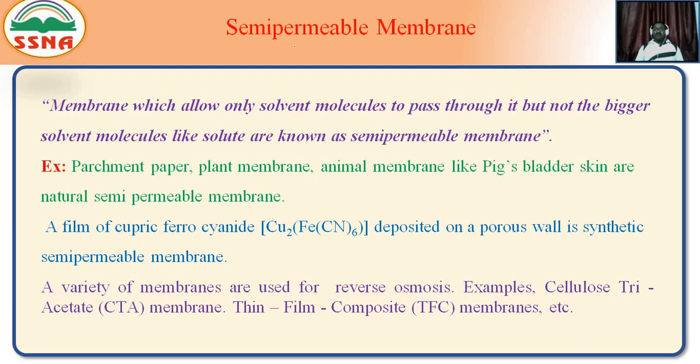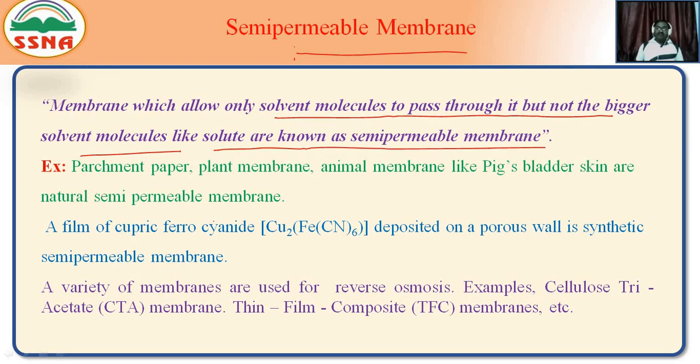Here, the word semi-permeable membrane is used in the osmosis process. The membrane which allows only solvent molecules to pass through it, but not the bigger molecules like solute, is known as a semi-permeable membrane. The examples of semi-permeable membranes are parchment paper, plant membrane, animal membrane like pig bladders, skin, which are natural semi-permeable membranes.